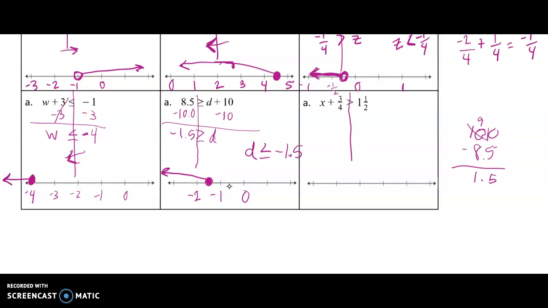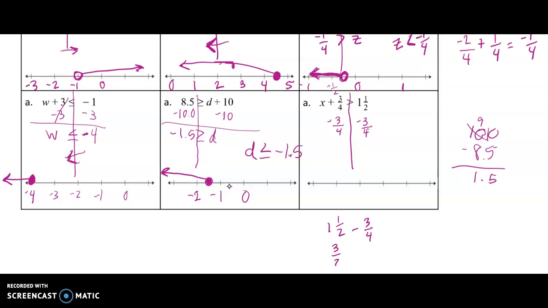All right, let's do another one. So we are adding 3/4, so let's subtract 3/4. I'm going to work down here. So I have 1.5 minus 3/4. So this is 2 times 1 is 2, plus 1 is 3.